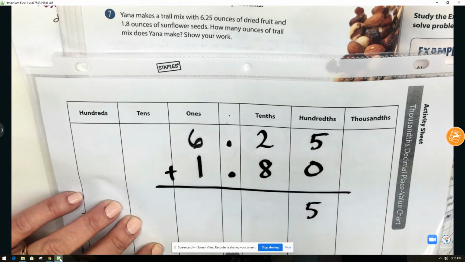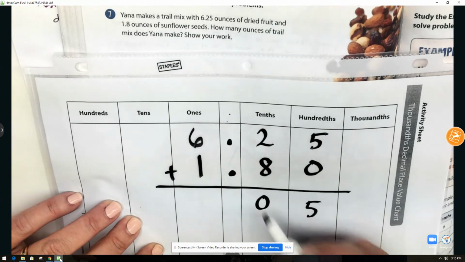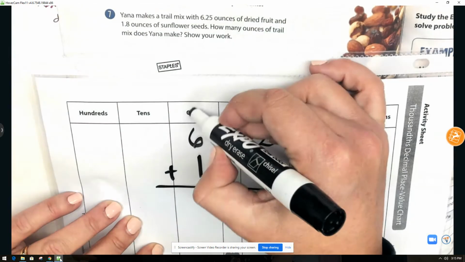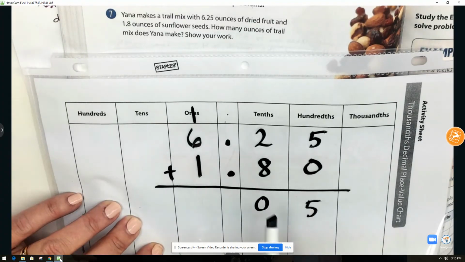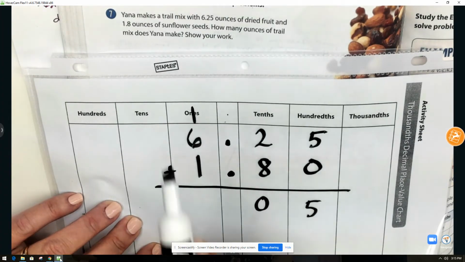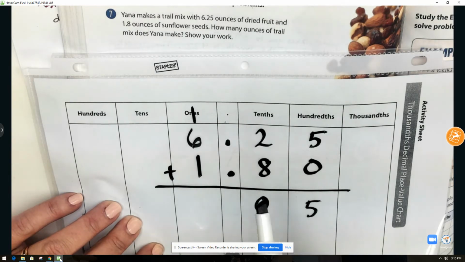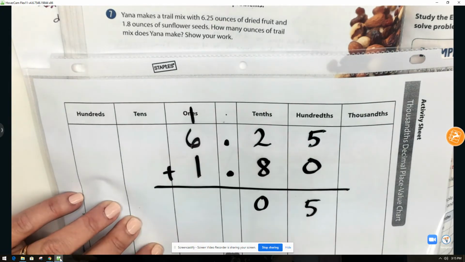If we have 8 plus 2, we're going to leave 0 tenths and carry the 1 up to the top of the ones place, because 2 tenths plus 8 tenths is 10 tenths, which is equal to 1 whole.